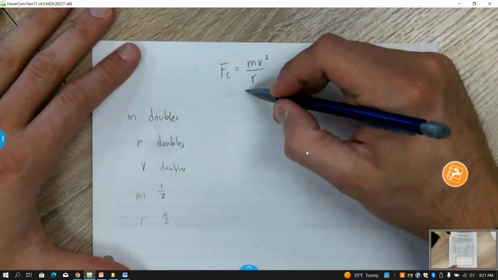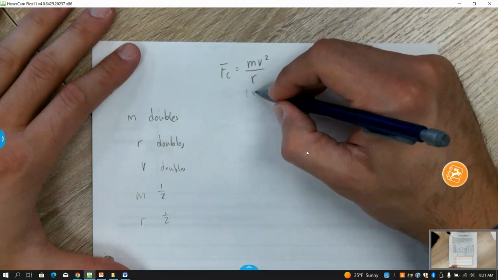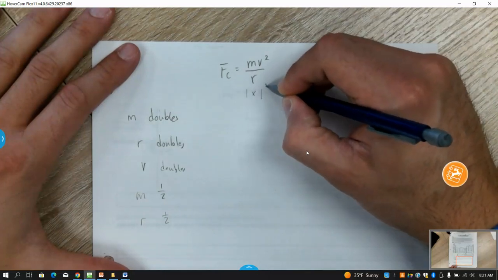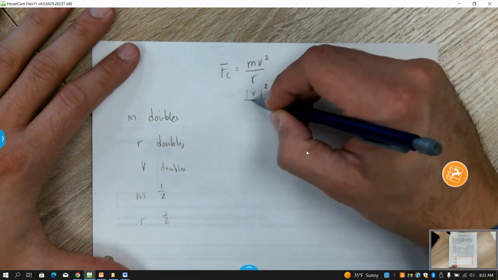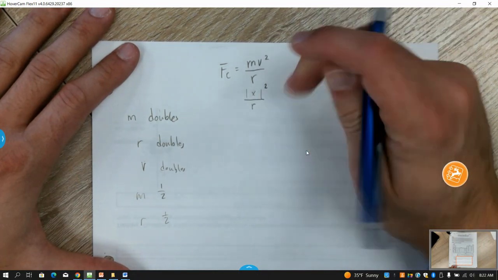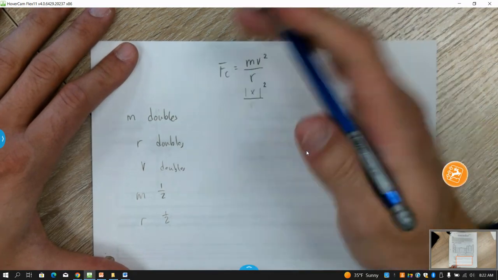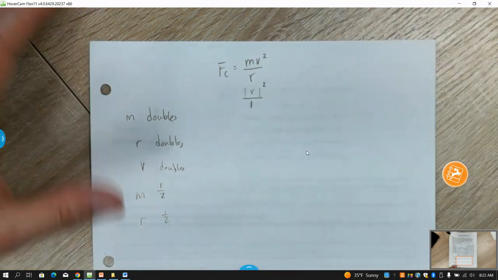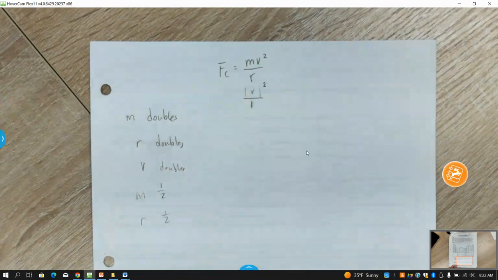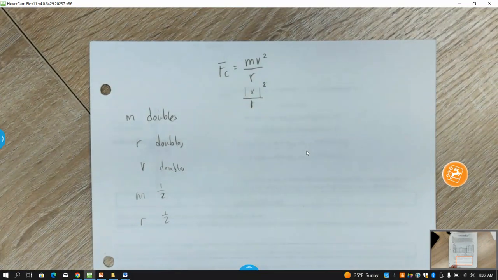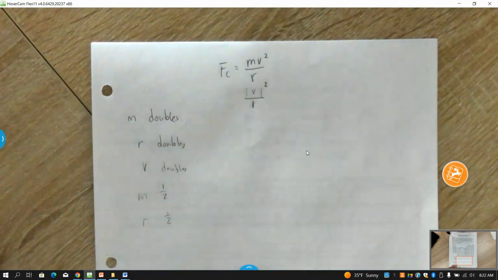So right now, m would be a 1, times velocity, your tangential or linear velocity, squared, which would be a 1, and r would be a 1. So these guys, definitely write these down. This will help with your assignment.